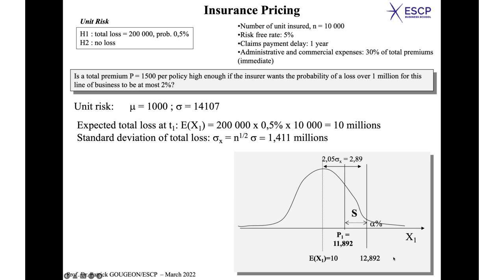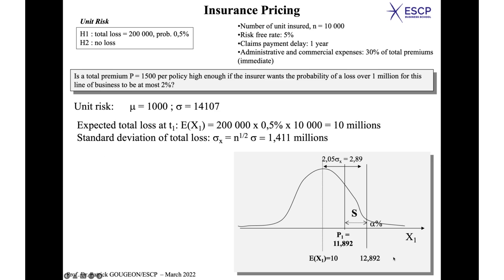Well, now that we have this limit, we have to consider the maximum loss that the insurer is ready to accept. This maximum loss, I call it S here. And S is equal to 1 million. Okay? So S is equal to 1 million, which is the maximum the insurer is accepting to pay with this probability of 2%.